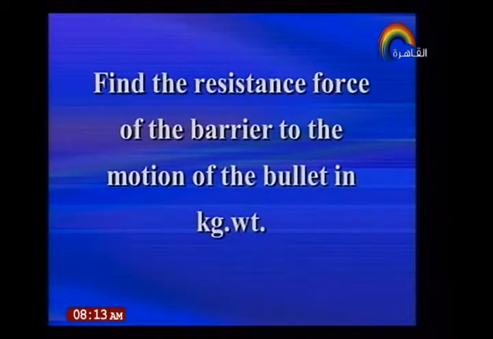Find the resistance force of the barrier to the motion of the bullet in kilogram weight. What is the required, dear student? Find the resistance force of the barrier to the motion of the bullet in kilogram weight.